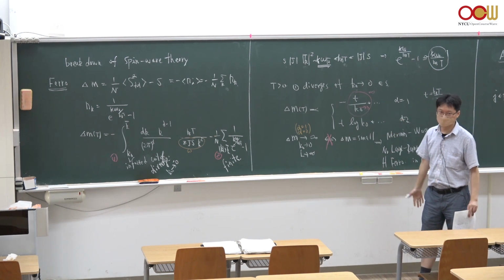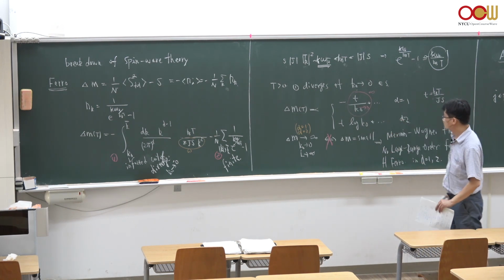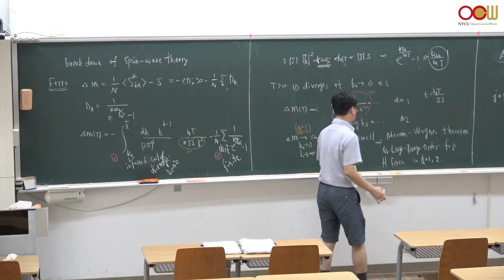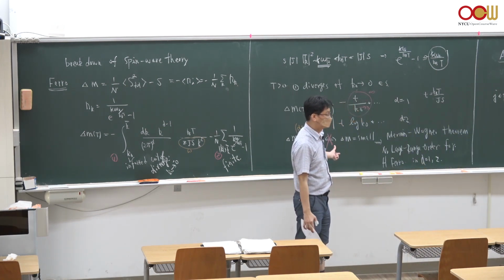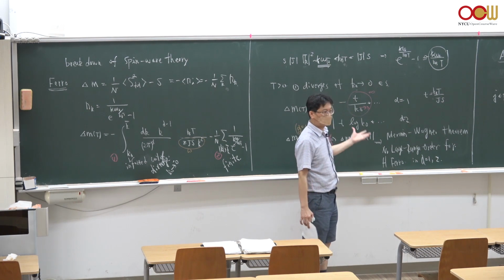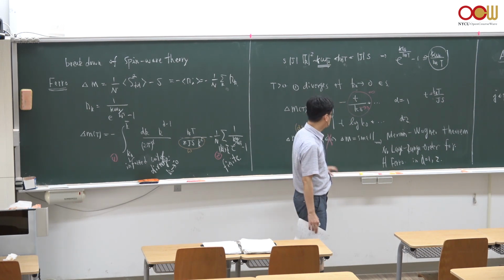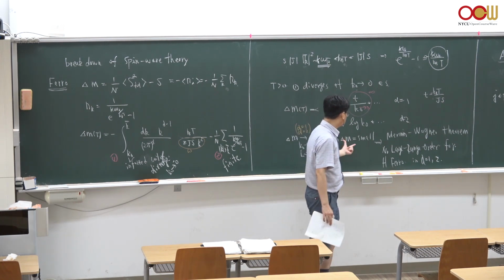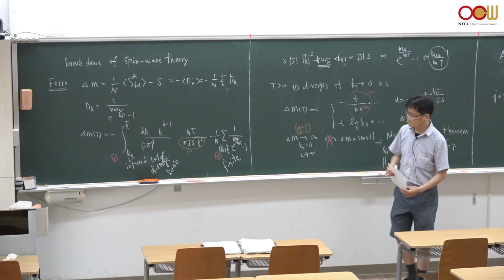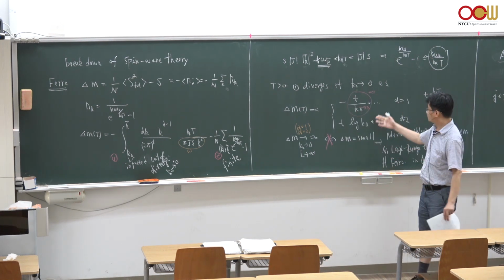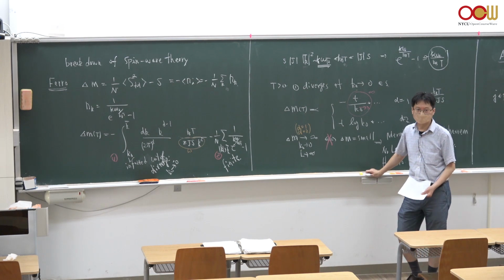But that cannot be correct, because we assume that this delta m should be small from the beginning. However, this estimation is actually accurate. So this means that the assumption that delta m is very, very small for a one-dimensional ferromagnet is wrong.